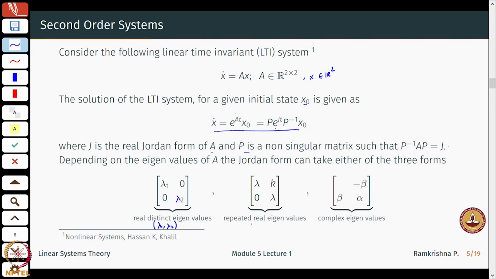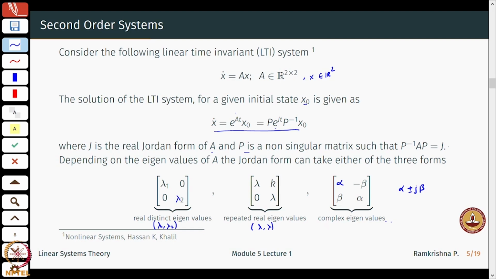In case the eigenvalues are repeated, like lambda and lambda, then the Jordan form can be something like this, where k can either be 0 or 1 depending on the geometric multiplicity of the eigenvalues. The third is when I have complex eigenvalues, alpha plus minus j beta. There is an alpha missing here.